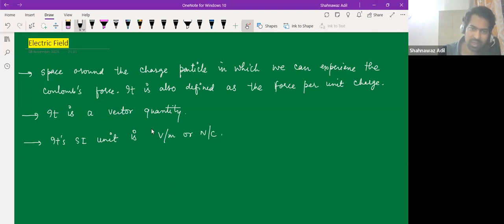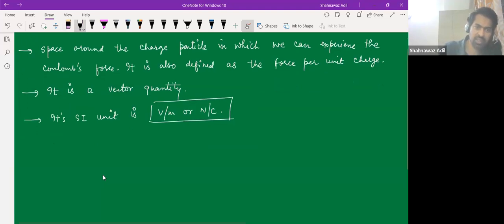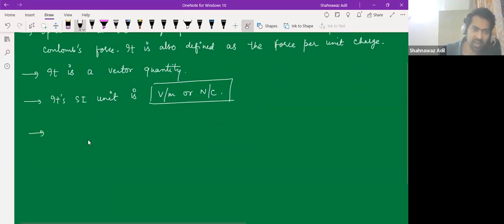So both are the SI units, right? We can represent it as Newton per coulomb or volt per meter. Usually we write it in Newton per coulomb. Right. And mathematically how do we represent it? So E vector is F by Q.